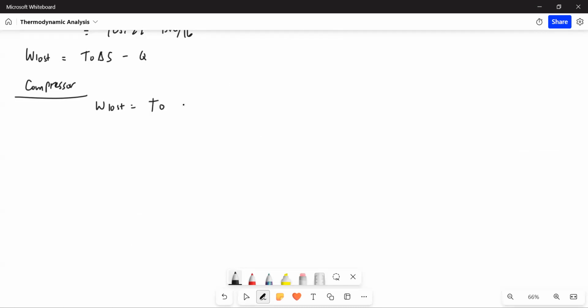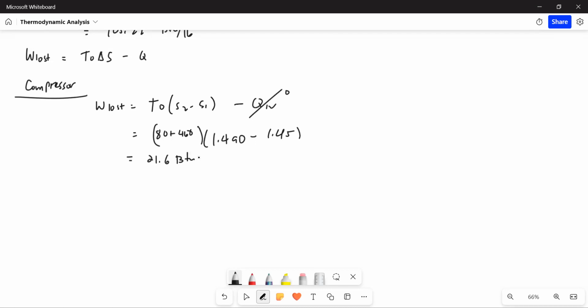And for the compressor, delta S is S2 minus S1, minus Q12, but since it's adiabatic, this is 0. So we substitute now the values. 1.49 minus 1.45, and you will get 21.6 BTU per pound.